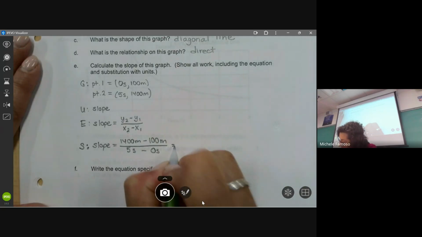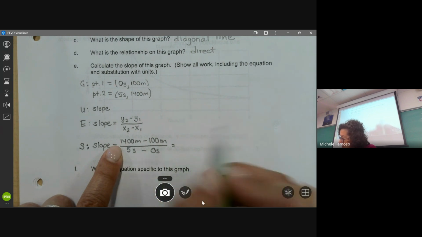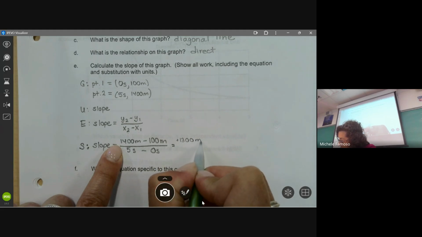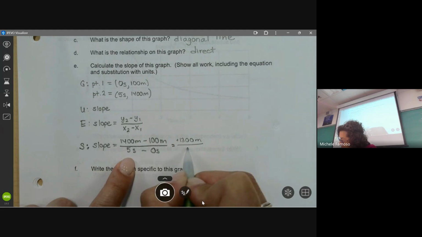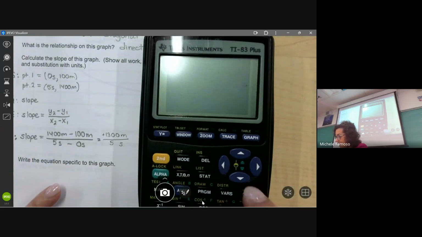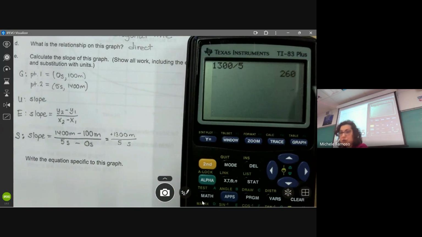Now I'm going to work that out on the side doing sig figs. 1,400 minus 100, I pay attention to precision. That would be positive 1,300 meters. The denominator would give me 5 seconds. Notice that 5 seconds has only one significant figure. So I'm going to write my answer with only one significant figure after I divide that out. 1,300 divided by 5 is 260.